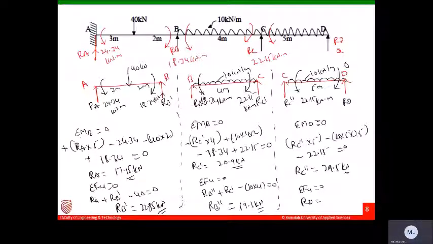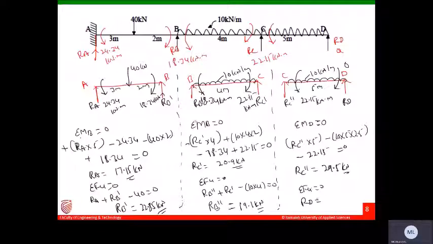Okay, let us take RD. So sigma Fy equals to, what is that?